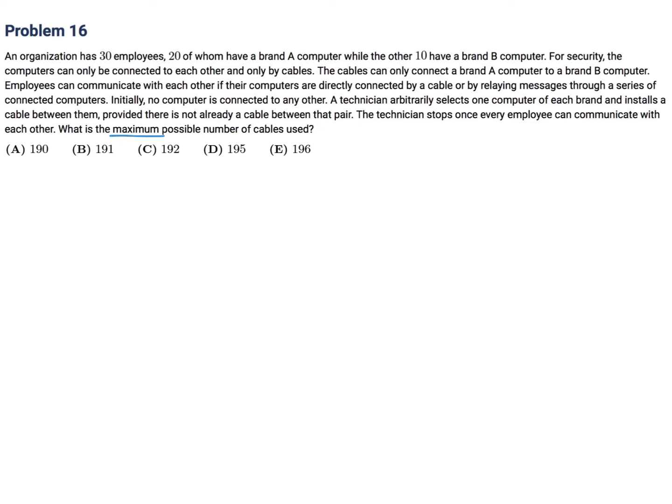Okay, so we've got 30 employees, and 20 have computer A, and the other 10 have computer B. You can join an A computer to a B computer, and they want the maximum. So I thought, the maximum number of A's is 20, the maximum number of B's is 10.